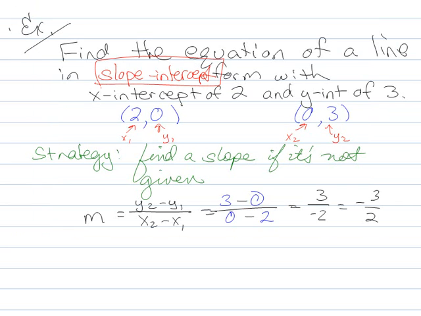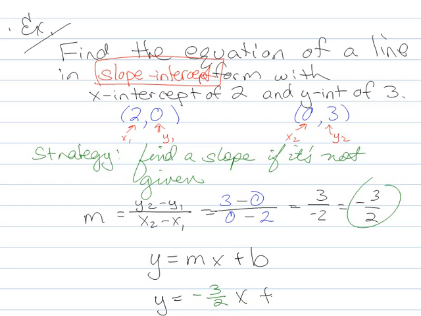Okay? Now, you're actually going to start this problem the exact same way, which is why I wanted to copy it. Because if you have y equals mx plus b, you're going to need a slope and you're going to need an intercept. We've already found the slope for this, so that makes things a little bit better. Our slope is -3/2. So it's -3/2 x plus, and what do we put for b?